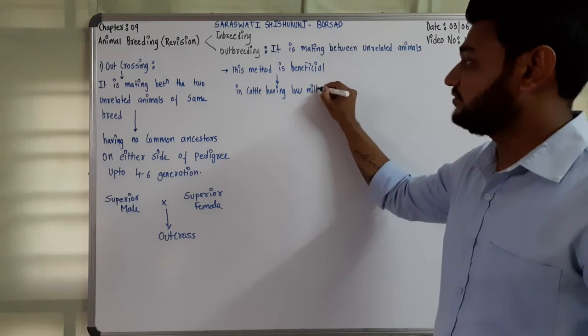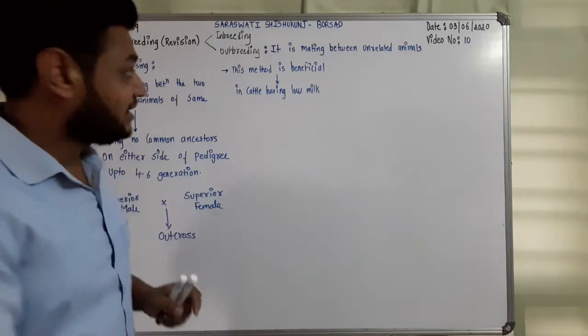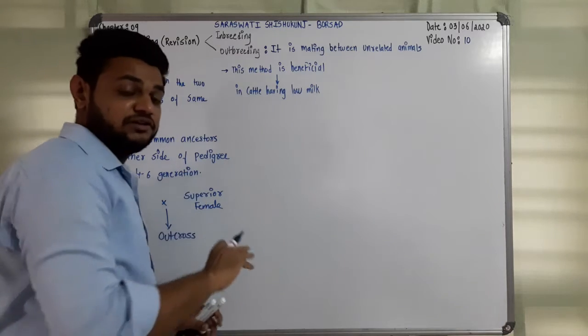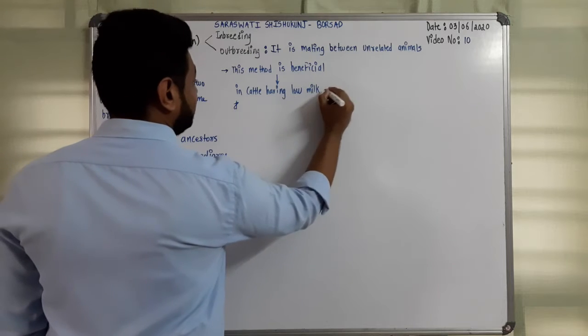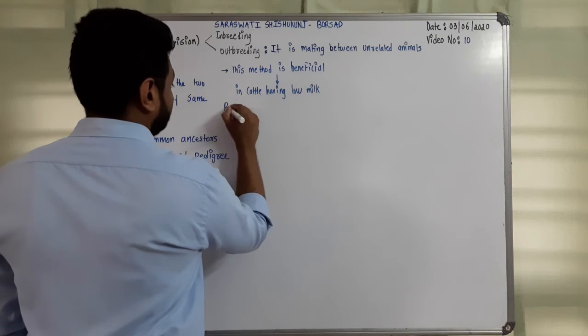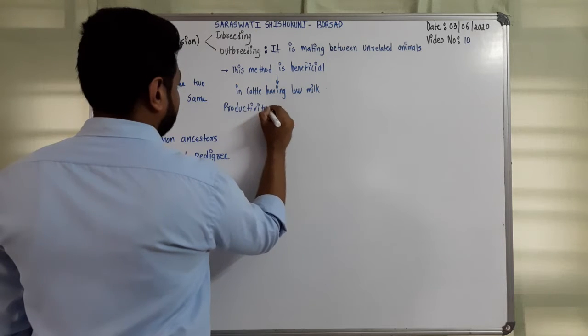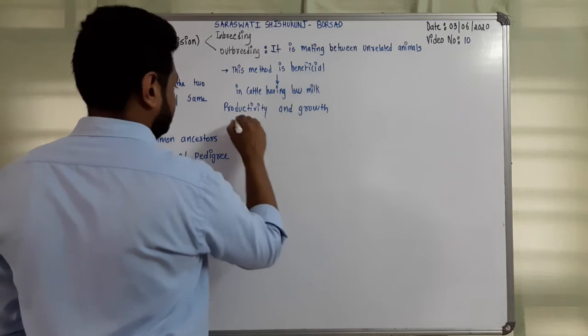An animal with low milk productivity and growth rate should opt for this method to produce more milk. So this is the first advantage.